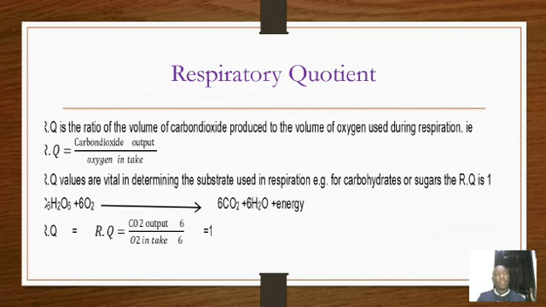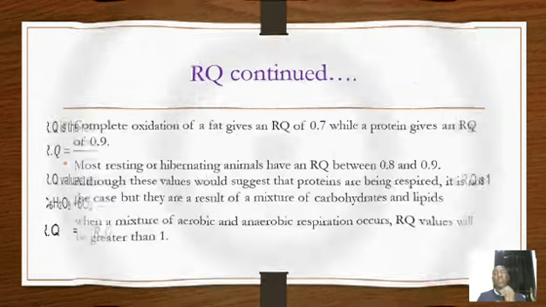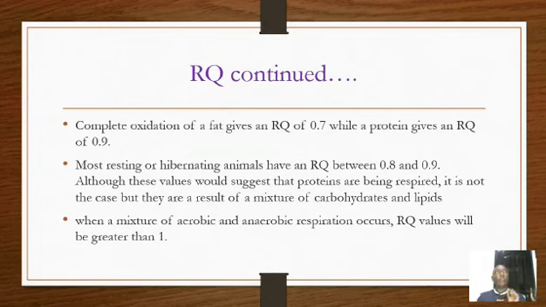Therefore, the RQ becomes 1, because 6 moles divided by 6, we end up getting 1. So that becomes the RQ, or the respiratory quotient. Meaning for aerobic respiration of glucose, RQ is 1.